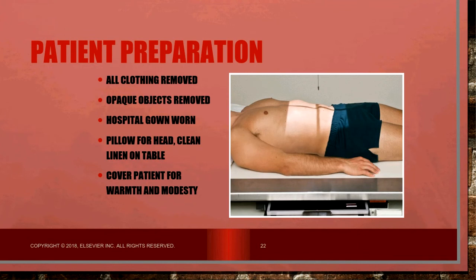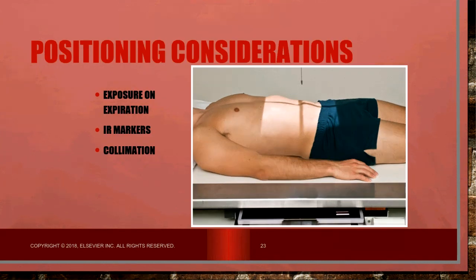When we talk about breathing instructions in a minute, we'll look at how the patient actually breathes for the exam. We make the exposure on exhalation. So the patient takes in a deep breath, blows that breath all out, and holds it out. And then you make your exposure. With regard to your exposure, you want to use the shortest exposure time possible, so you want a high mA, low exposure time.